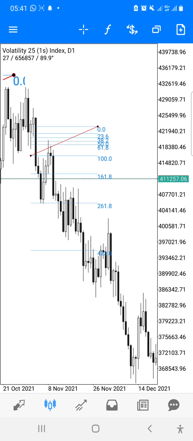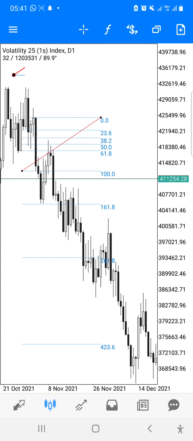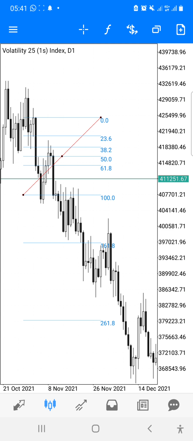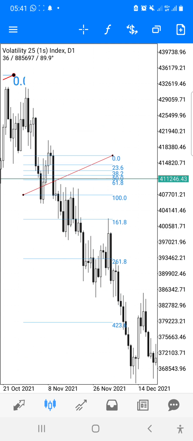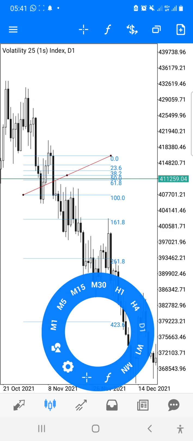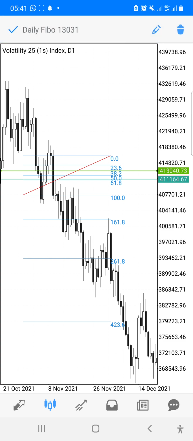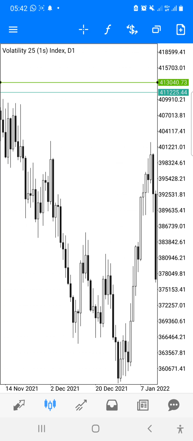I want to use the other side. All right, so here now, this can be just the 30. You can put it in the 38.2, or between 38.2 and 23.6. So you get. Let me delete it.